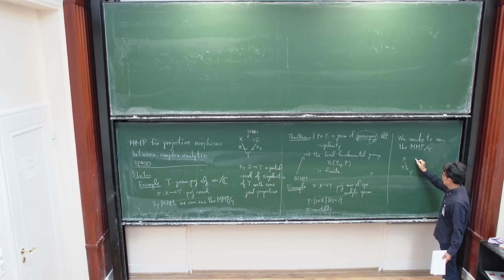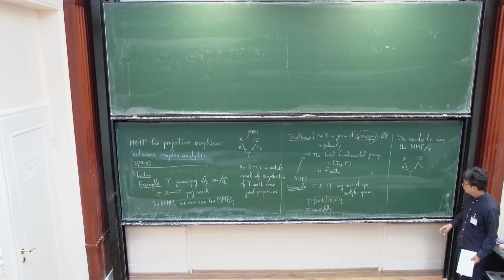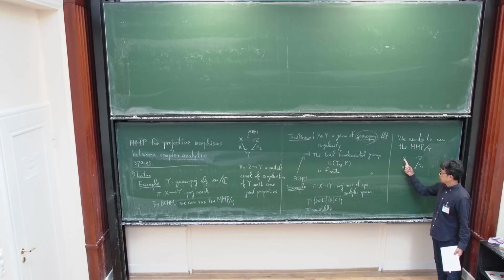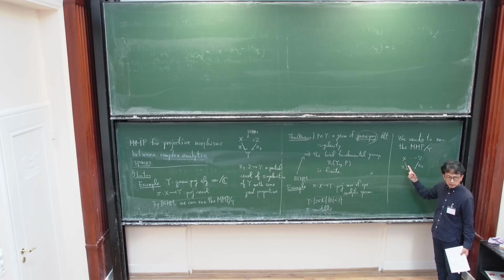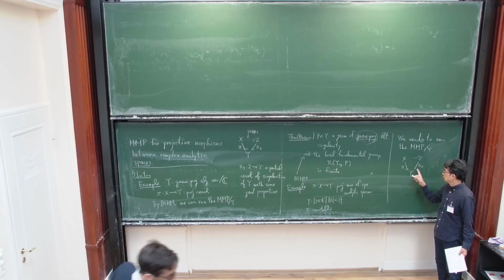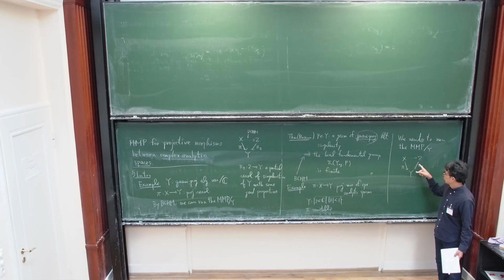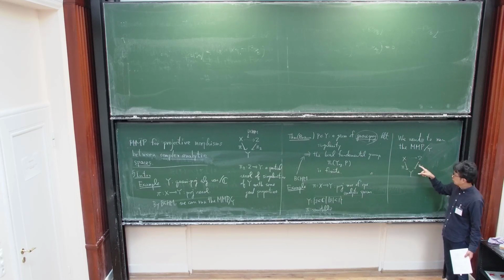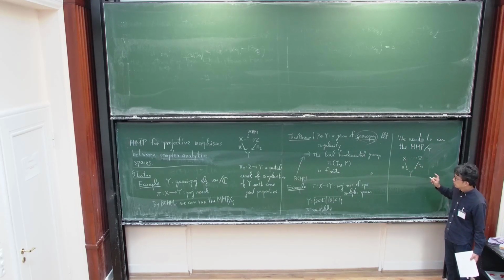And if we can apply the minimal model program, then we get a new model. And if the canonical divisor of the general fiber is trivial, in that case, after finitely many flips and divisorial contractions, we can make the canonical divisor of the total space trivial. So it's a higher dimensional analogue of the Kulikov model.